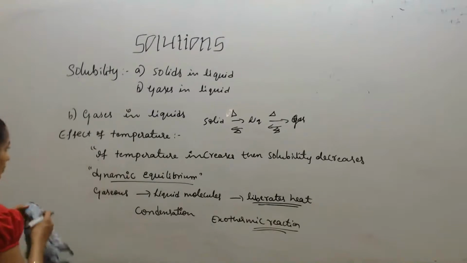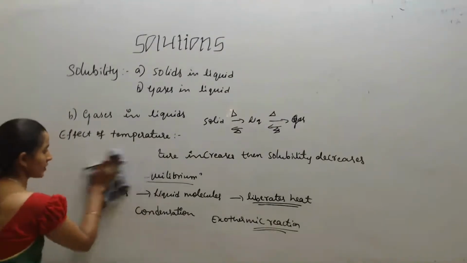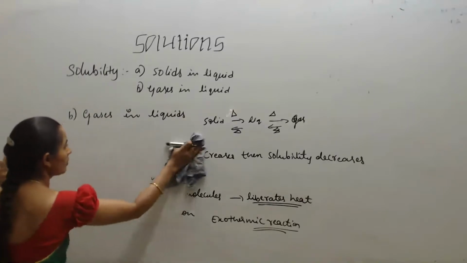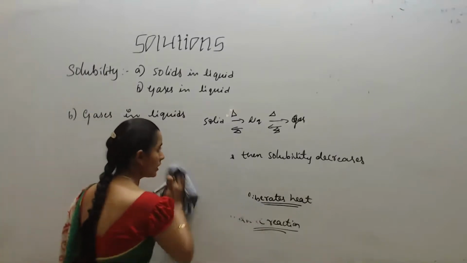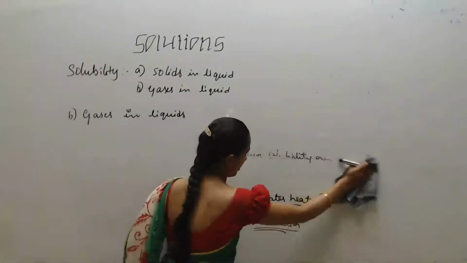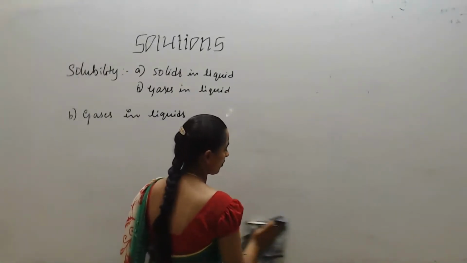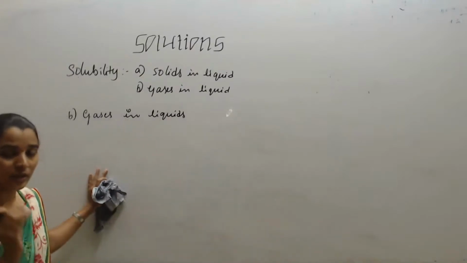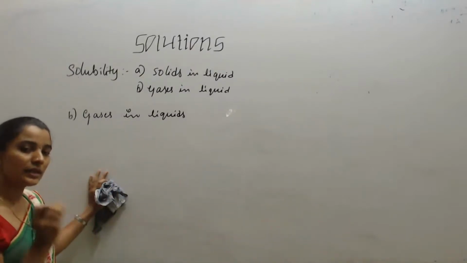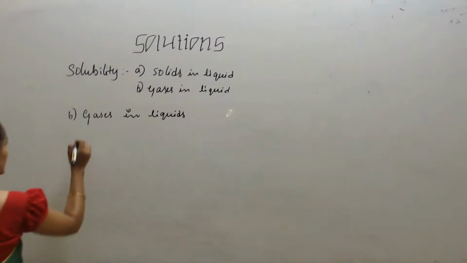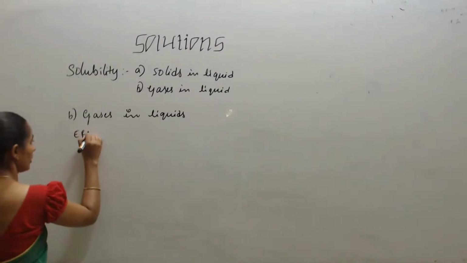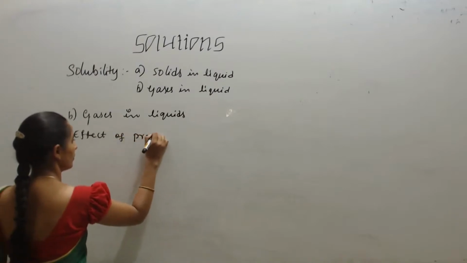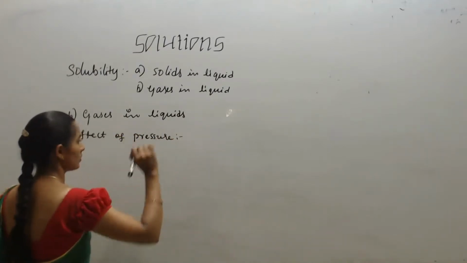Okay. So the next one is effect of pressure. These are very important effects, students. You have to remember this. I don't know how you will remember, you have to memorize it or understand the concept, but these things are very important in solids and liquids. Next one is effect of pressure.